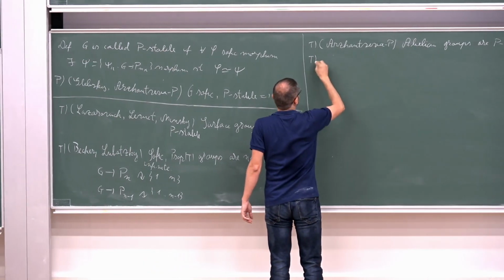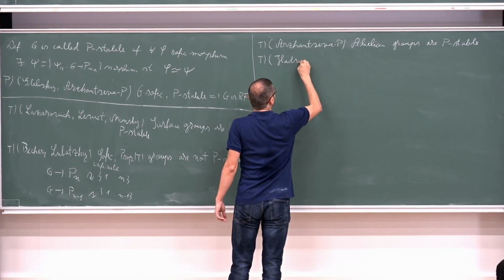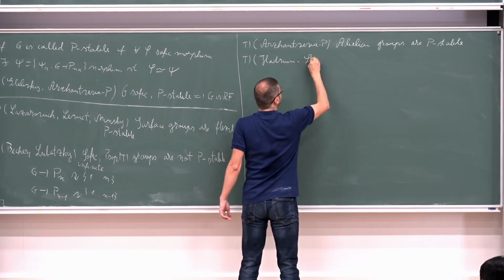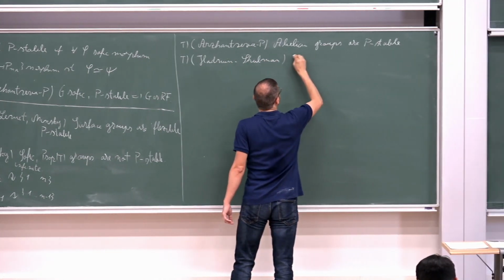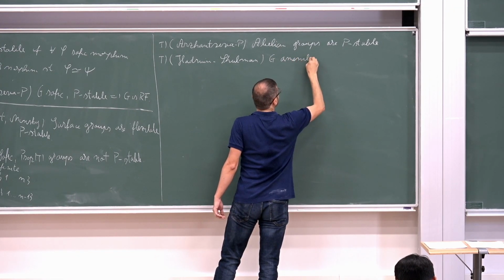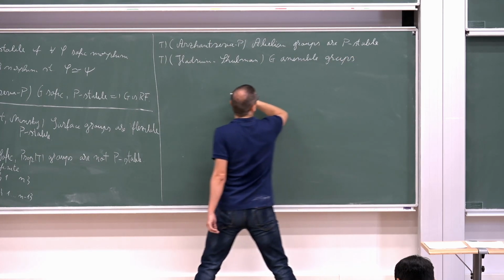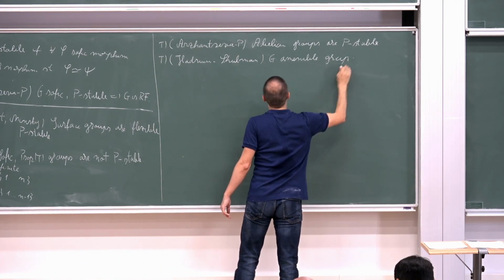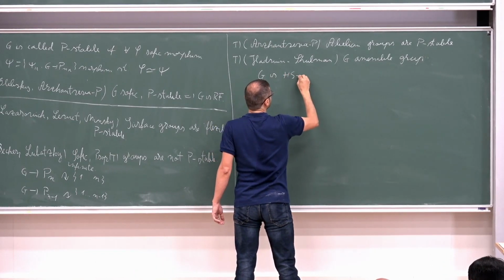Then there exists a result by Hadwin and Shulman: for amenable groups, if G is amenable, then G is Hilbert-Schmidt stable.